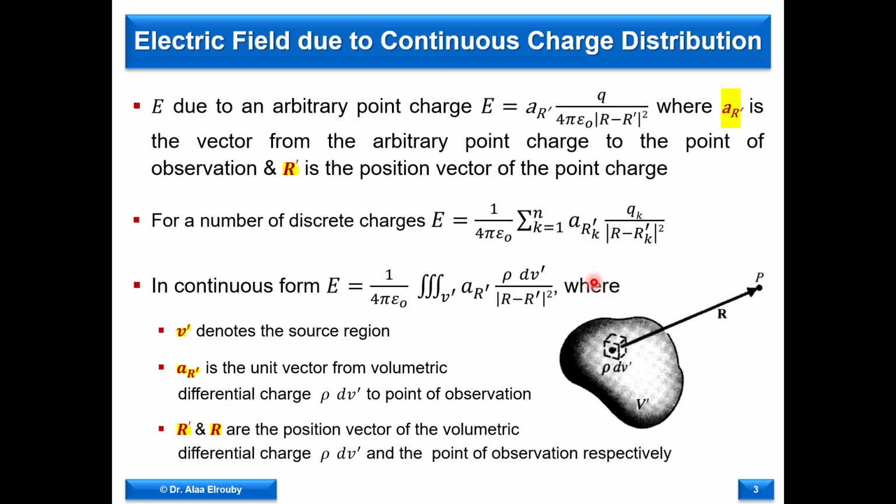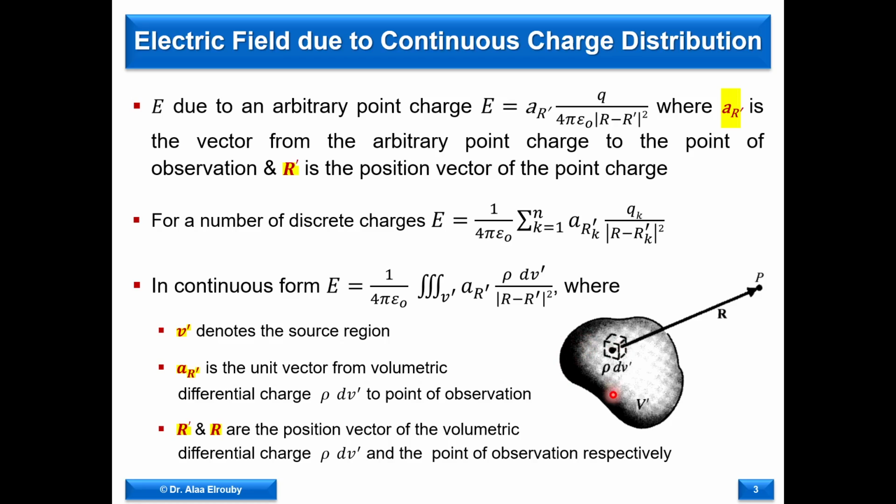Okay, so now what would happen if we have a distribution of electric charges, not just discrete charges? The most general condition is when we have a volumetric charge distribution. So we have, for example, a certain volume, and this volume is filled with volumetric charge density.